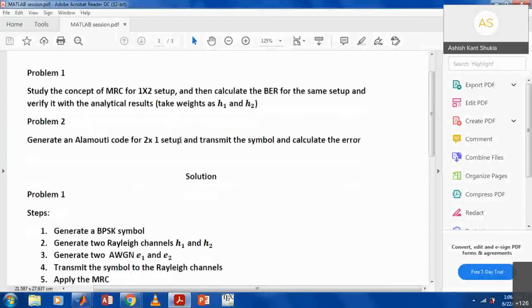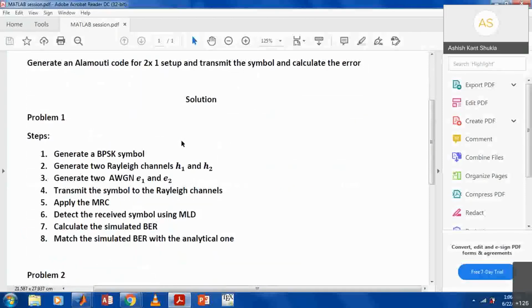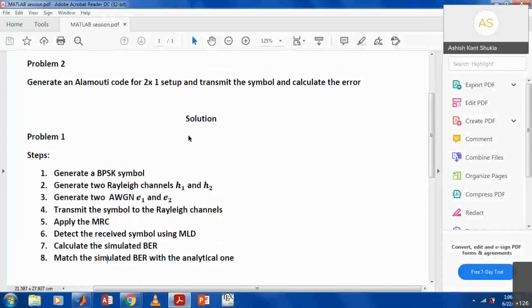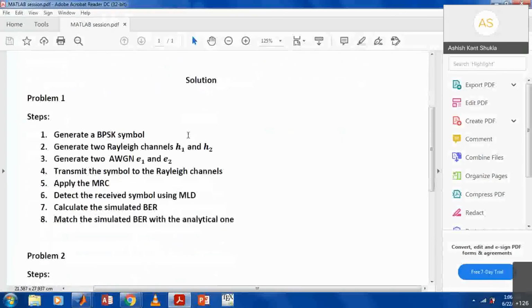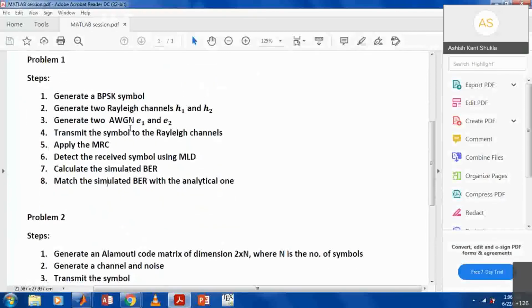Here I am just giving a brief description of the things I am going to do in the MATLAB code. Firstly, I will generate a BPSK symbol. After that, I will generate two Rayleigh channels, that is H1 and H2. Then I will generate two AWGN noises, E1 and E2.